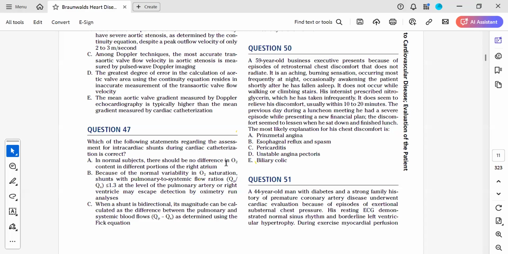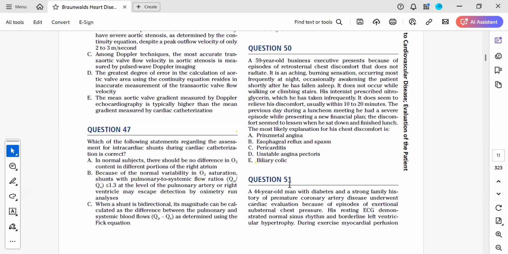Question 51. A 44-year-old man with diabetes and strong family history of premature coronary artery disease underwent cardiac evaluation because of episodes of exertional substernal chest pressure.